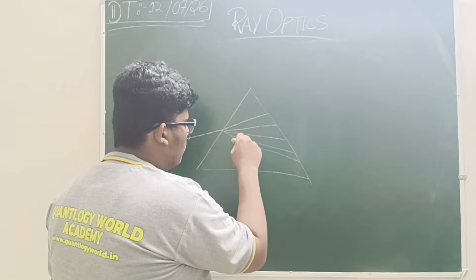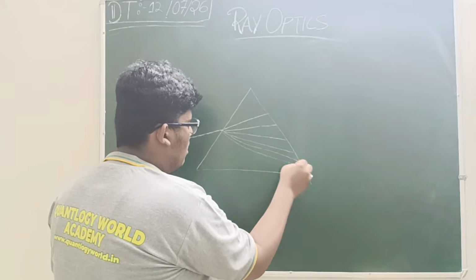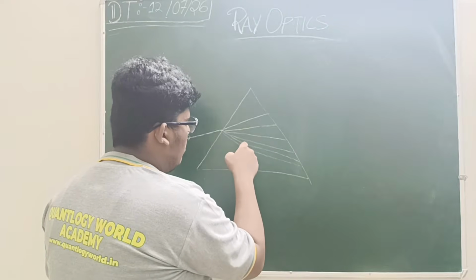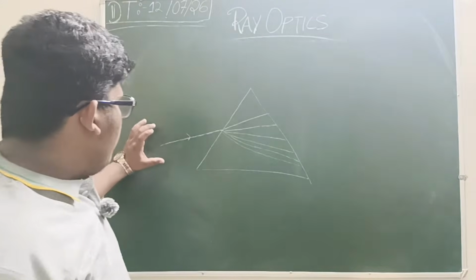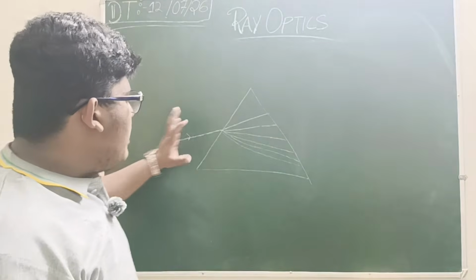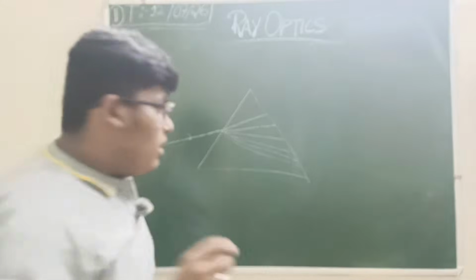One, two, three, 4, 5, 6. Okay. If we incident white light directly to the prism, it will give 7 colors.